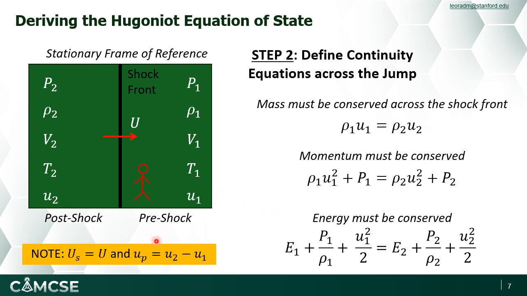I'll note that what we've been using so far as capital U to describe our shock front is usually classified in shock physics as U sub s, which is called the shock velocity, whereas the particle velocity, lowercase u sub p, is defined as the post-shock minus the pre-shock particle velocities.